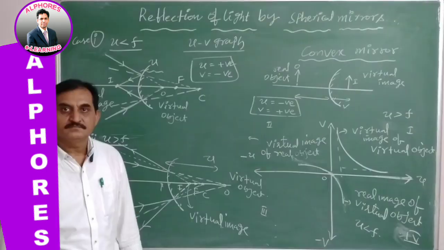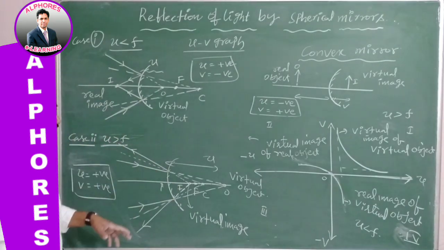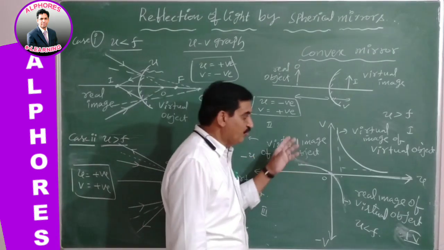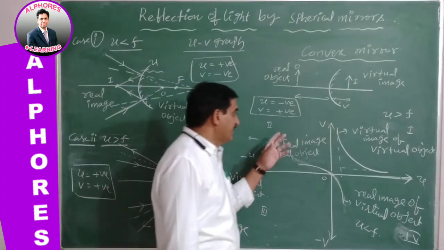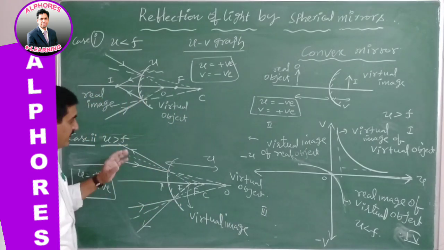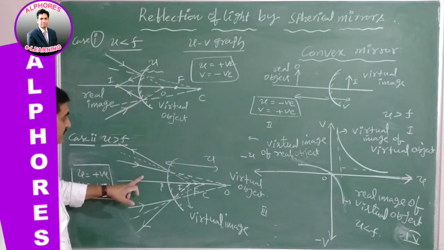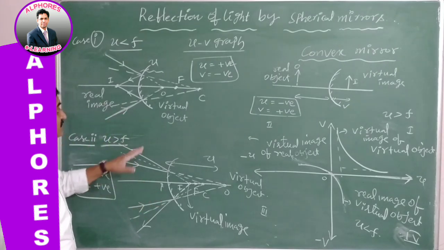See, in the convex mirror, while plotting the graph between u and v, the rectangular hyperbolas are oriented in different situations. Already I mentioned these two diagrams were given in the previous class, and their corresponding explanation is also given.